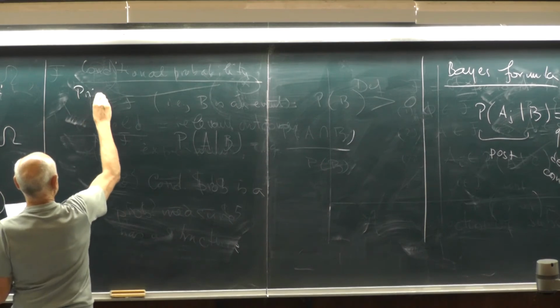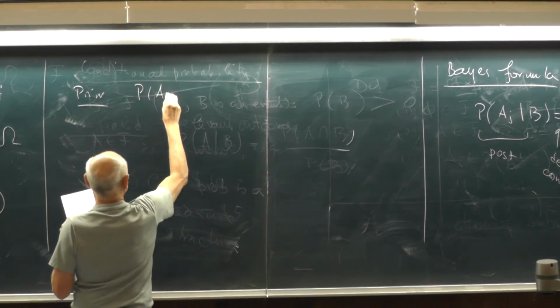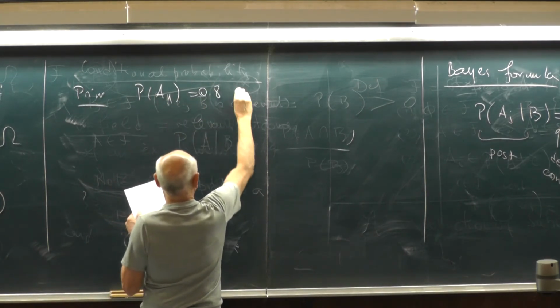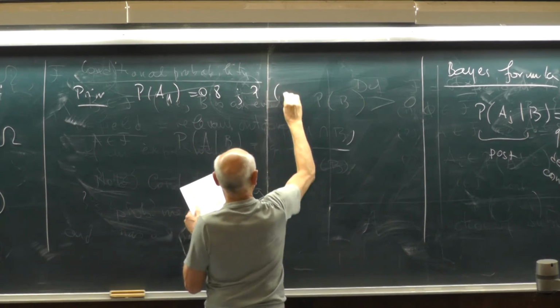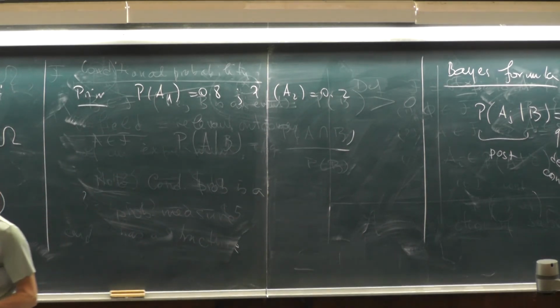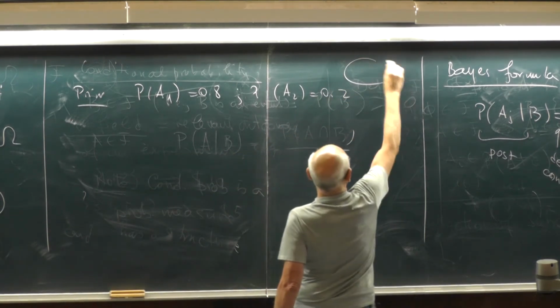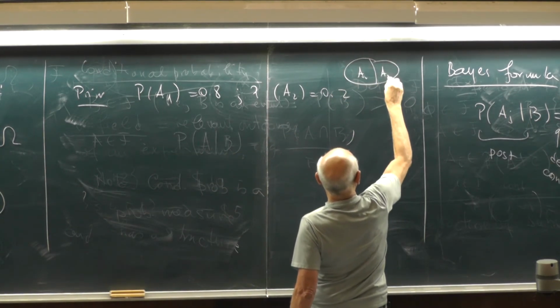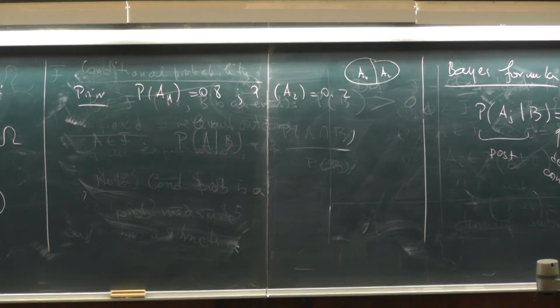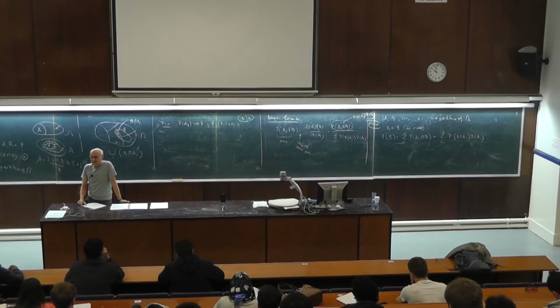So the prior P1 and P2. Now, any surprise that, in this case, our partition of the sample space is in two, A1 and A2, so one is the complement of the other? Any surprise that one is 0.8 and the other is 0.2? If instead of 0.2 I write 0.1, anybody would object?